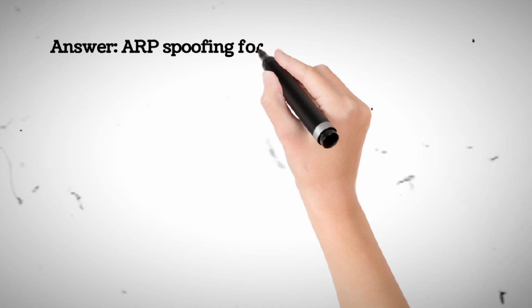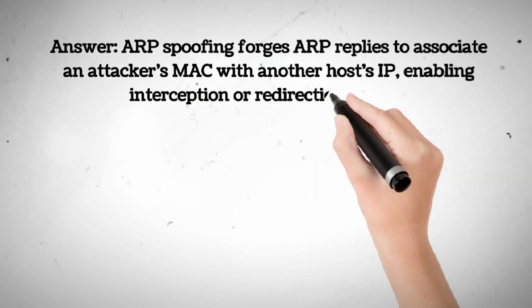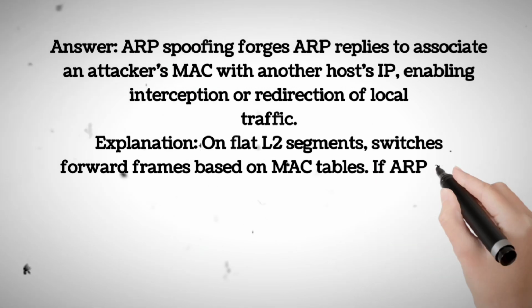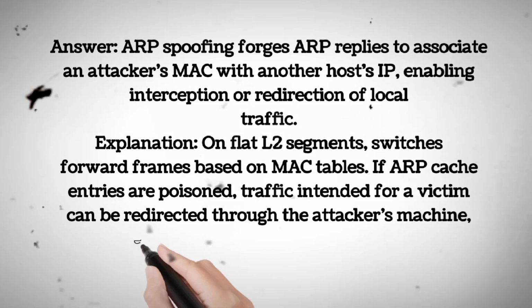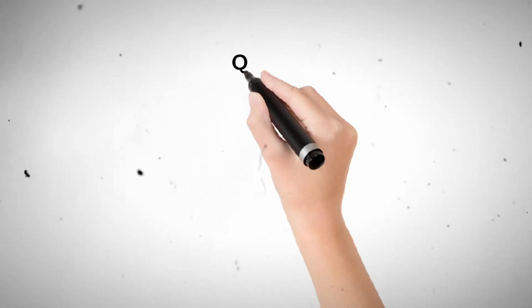ARP spoofing forges ARP replies to associate an attacker's MAC with another host's IP, enabling interception or redirection of local traffic. Explanation. On flat L2 segments, switches forward frames based on MAC tables. If ARP cache entries are poisoned, traffic intended for a victim can be redirected through the attacker's machine, enabling MITM or traffic capture.